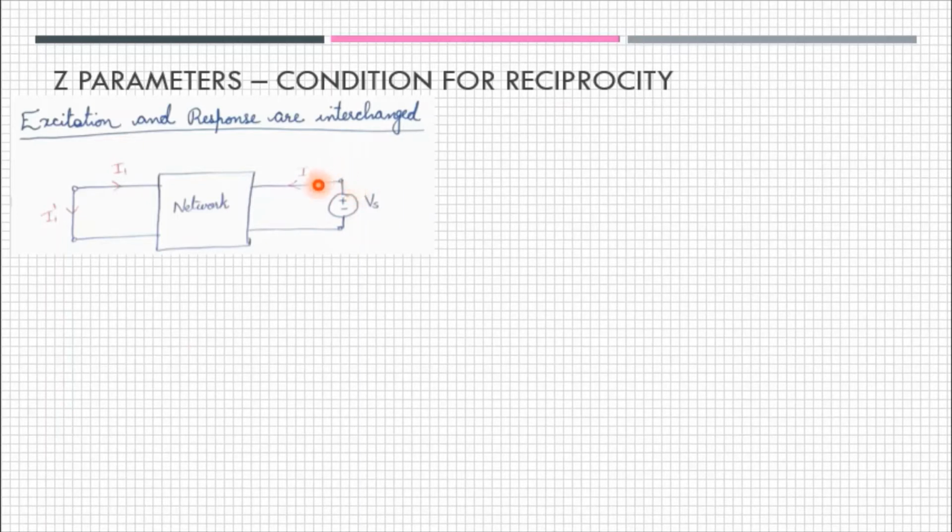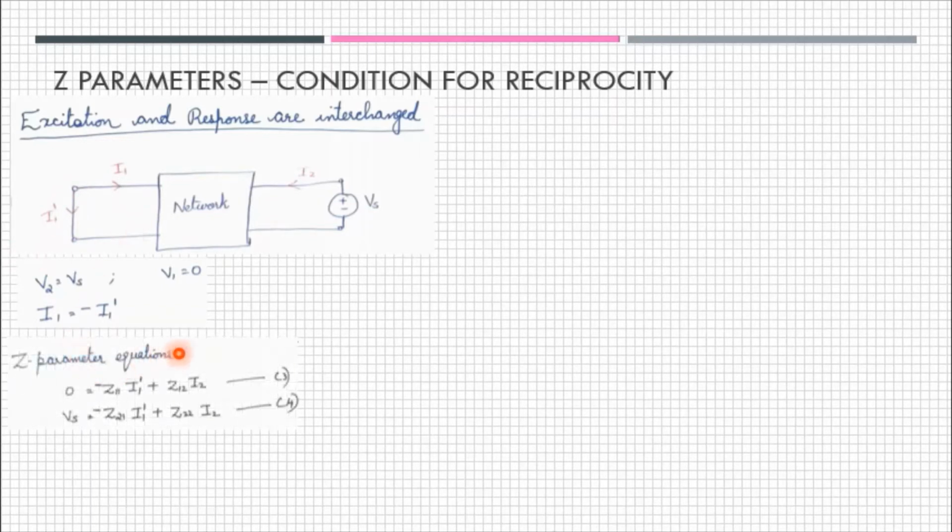The excitation is at output port and response is measured from here. From the diagram we can write V2 is equal to Vs and V1 is 0 and I1 is equal to minus I1 dash. The Z parameter equations we will get like this. V1 which is 0 equal to Z11 into I1.